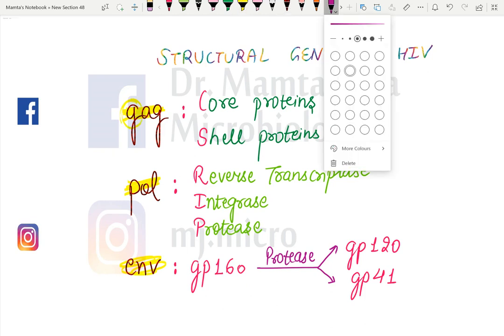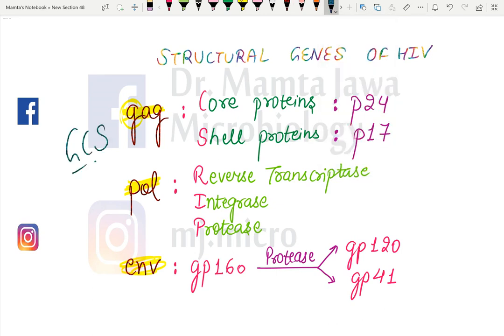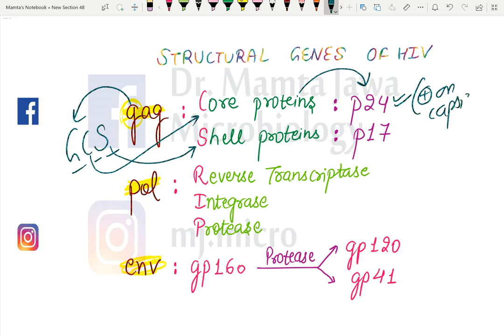An easy way to remember this is via remembering Glasgow Coma Scale. G for GAG, C for core and S for shell proteins, right? The core protein, important one, is the P24 protein, which is present on the capsid, as I already mentioned, and the shell protein is the matrix protein, that is the P17 protein.